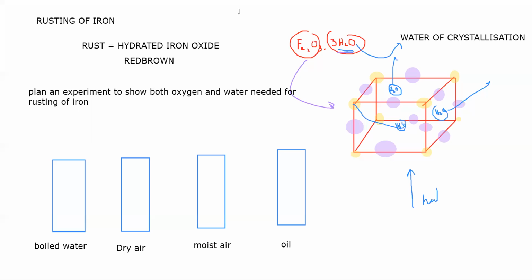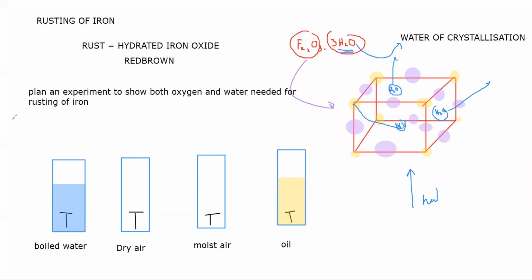So we take iron nails of equal size and equal masses in these containers, and there's a lid. This one is filled with boiled water. When we boil the water, we remove the air from it, so it does not contain air. Here we have dry air, moist air, and then the last one is inside the oil.